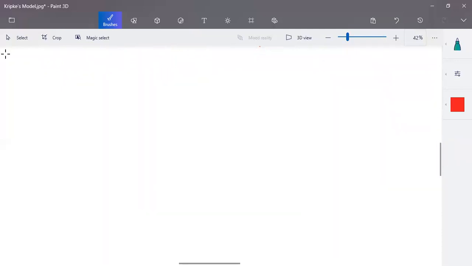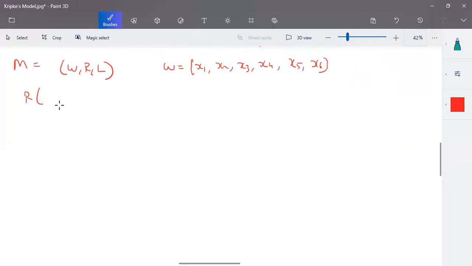Okay, so let us consider the model. Consider this model M as (W, R, L). So here W is represented as X1, X2, X3, X4, X5 and X6. And the relationship can be defined as, I'll just give the transition diagram here, that will do. Instead of writing it, if I mention it like this, it will do. So here X1, this is X2. I have a self loop here.